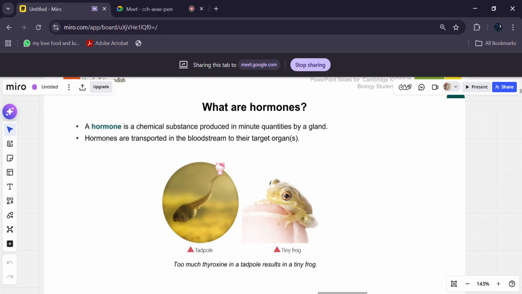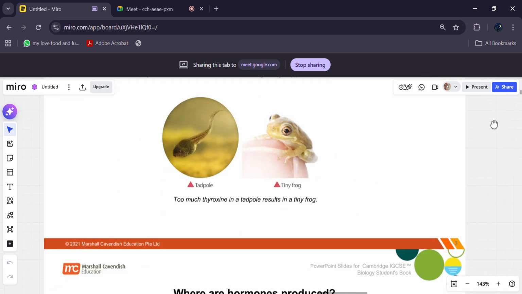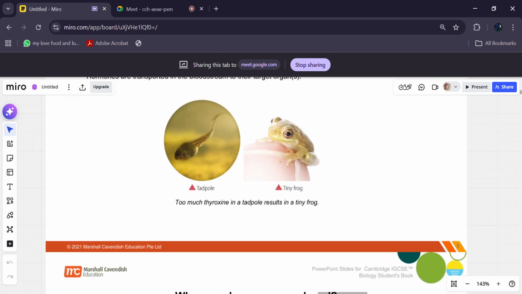Hormones help control and coordinate the bodily activities, so the hormone production must be carefully controlled to prevent disastrous results. For example, thyroxine. Thyroxine is produced in our human body and in many organisms, but if too little thyroxine is produced in a tadpole, a tiny frog will result.